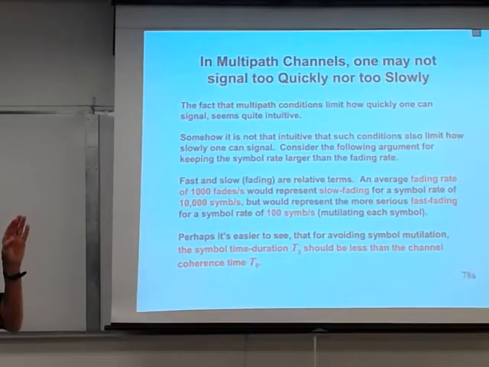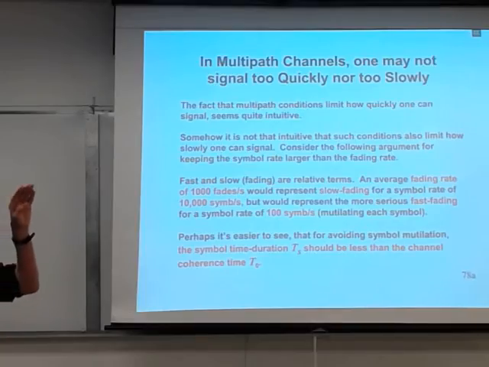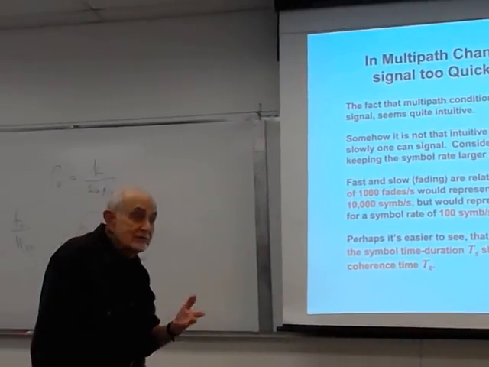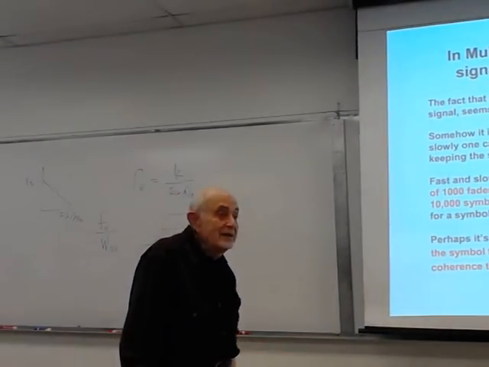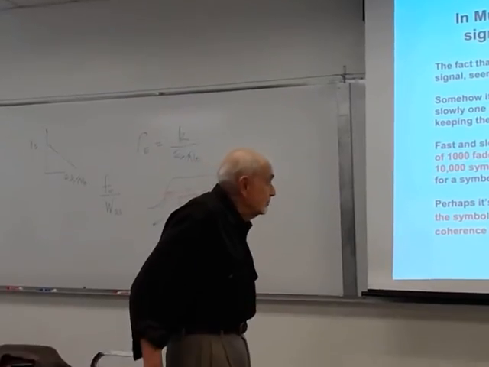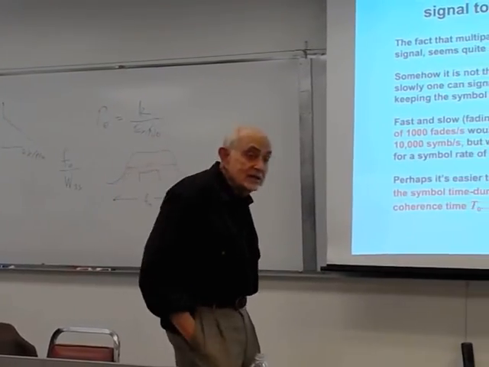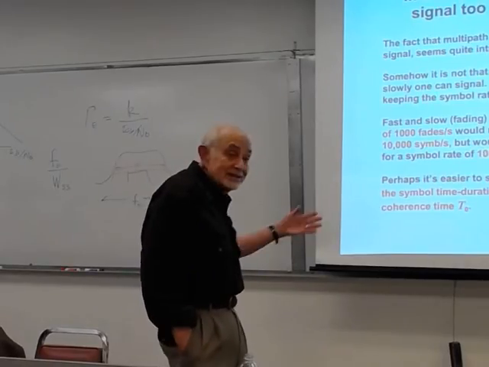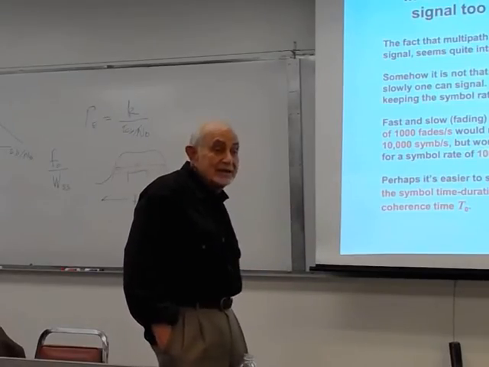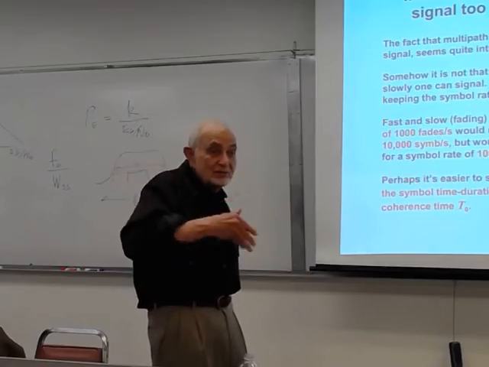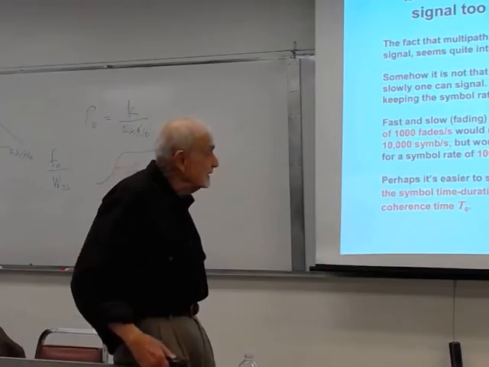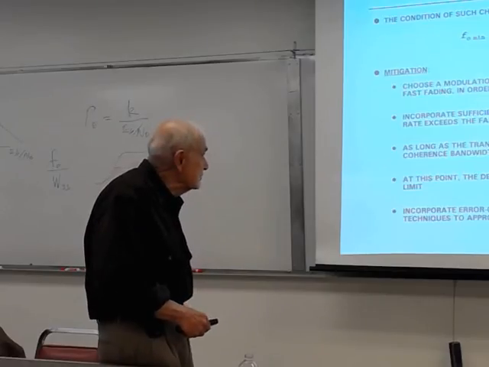It was in the 1950s and 60s, when they were doing tropospheric scatter and sending 75 bits per second teletype. The fading rate wasn't very fast, but it's all relative. With 75 baud, it didn't take much of a fading rate to mutilate each one of those symbols. So that's where they first noticed fast fading.